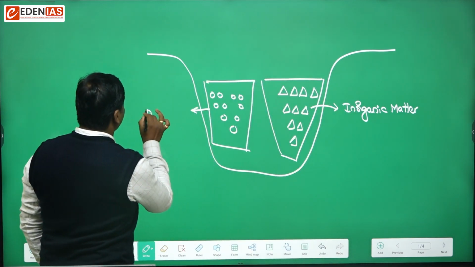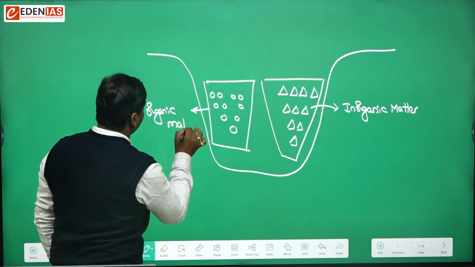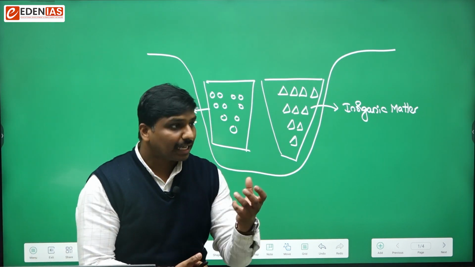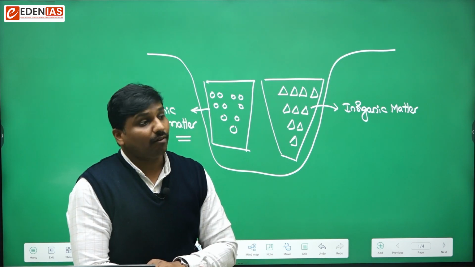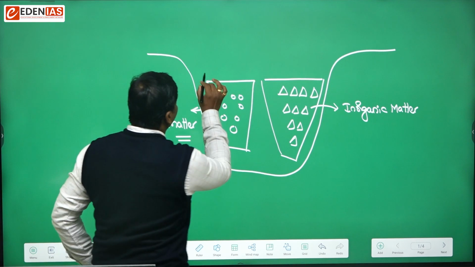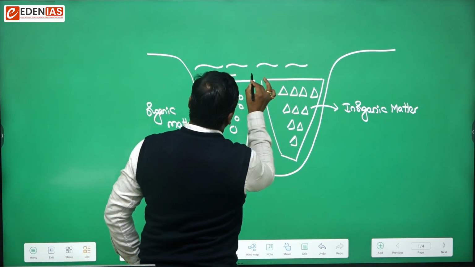So let me keep it as organic matter. And every water body will consist of a little amount of oxygen. So there we can expect the presence of some oxygen. I'm just representing it in this form.